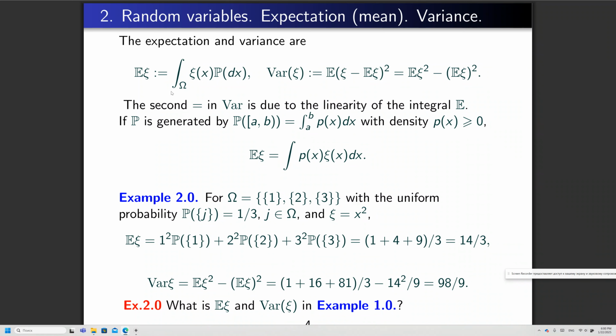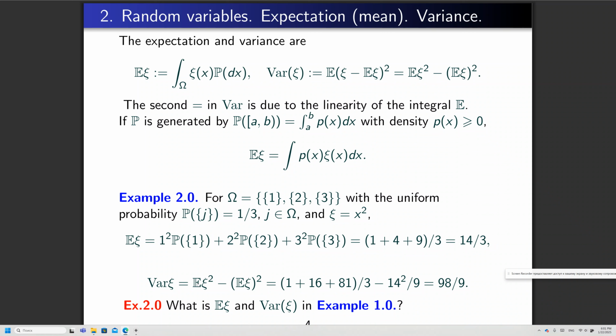Expectation is the average over the probabilistic space. We have x squared, so at the point 1 it becomes 1 squared, at the point 2 it becomes 2 squared, at the point 3 it becomes 3 squared, and we need to multiply by the probability of these numbers 1, 2, and 3. Computing this sum, we obtain 14 over 3.